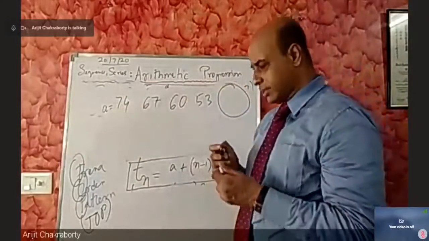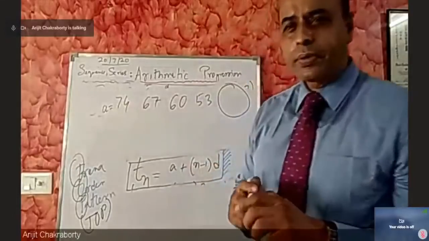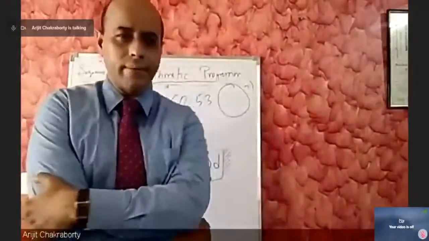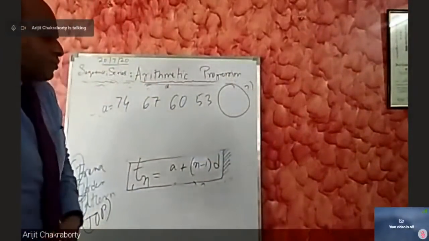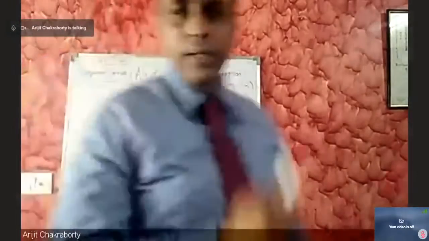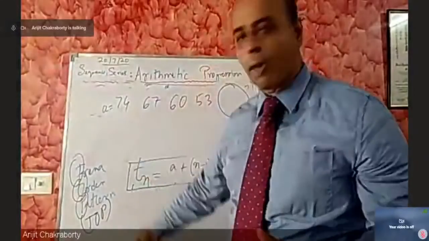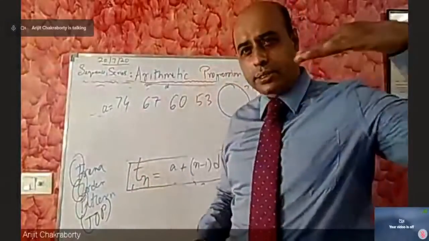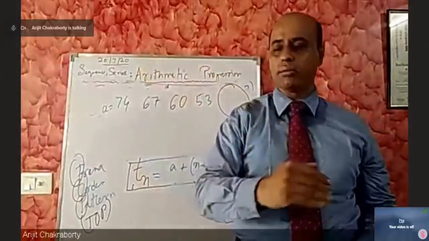First of all, does it look like a sequence? Check. Okay, 74, 67, 60, 53. Does it look like a sequence? Let me think. Yes. Yeah, it's a sequence. Because there is a top. There is a trend. It is decreasing. 74, 67, it's coming down.